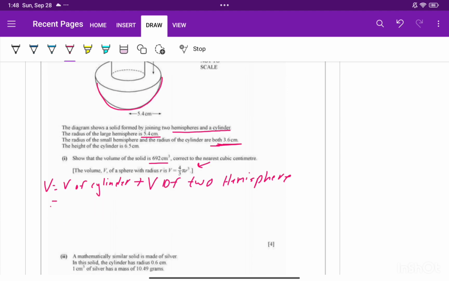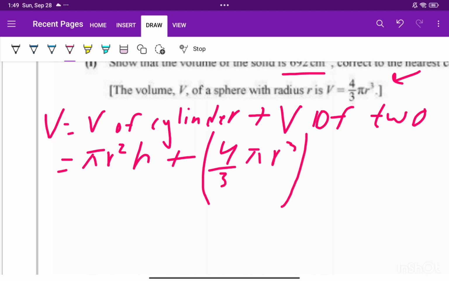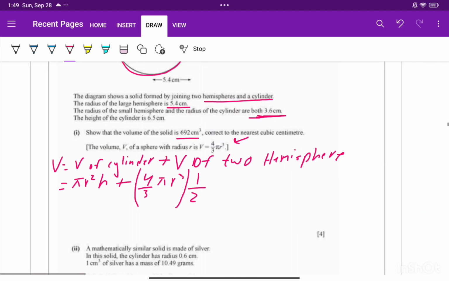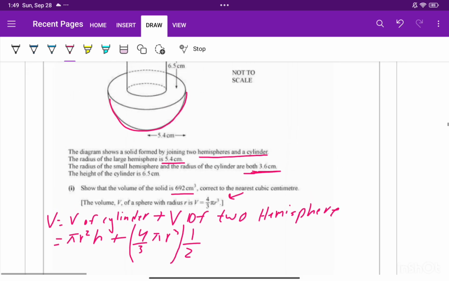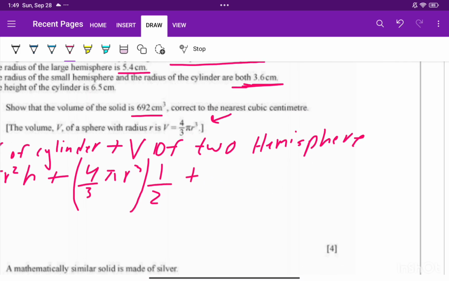Now the volume of the cylinder formula is pi r squared h, plus 4 over 3 pi r cubed divided by half. Why did we divide the volume of the sphere by 2? Because it's a half. Over here it's given a hemisphere, and over here also. So again, plus 4 over 3 pi r cubed, half, for the second hemisphere.